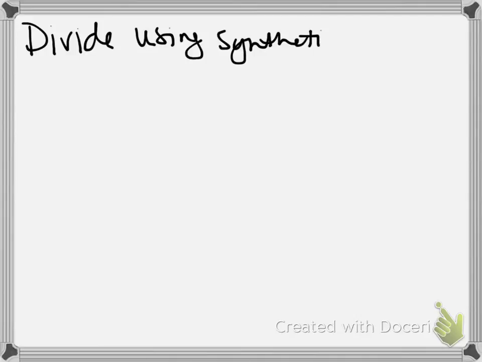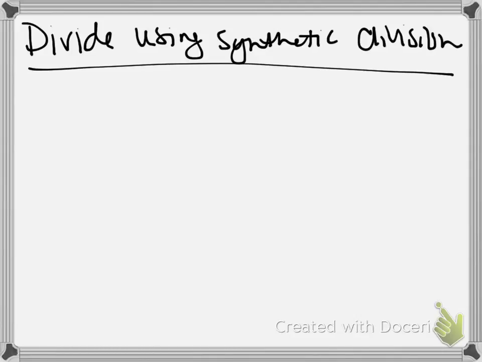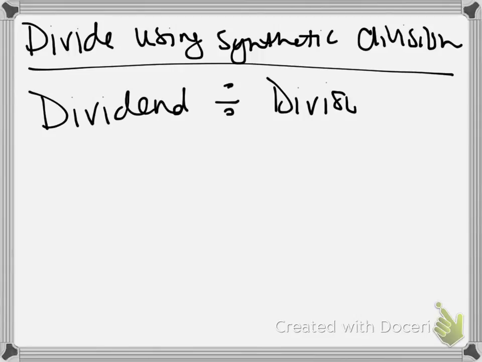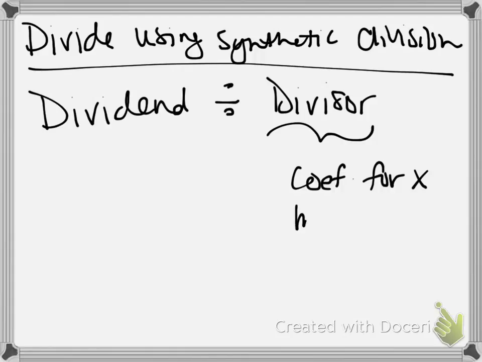Let's look at using synthetic division. The directions are divide using synthetic division. The one big thing is, remember that it's dividend divided by divisor. Your divisor, the coefficient for x must be positive 1.